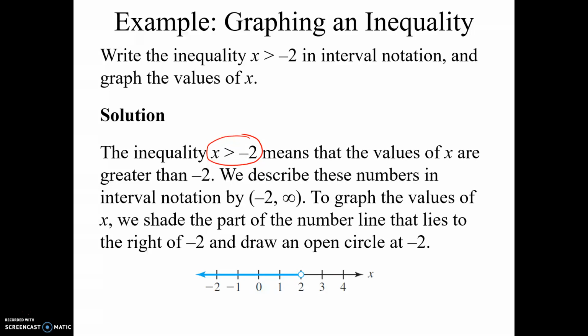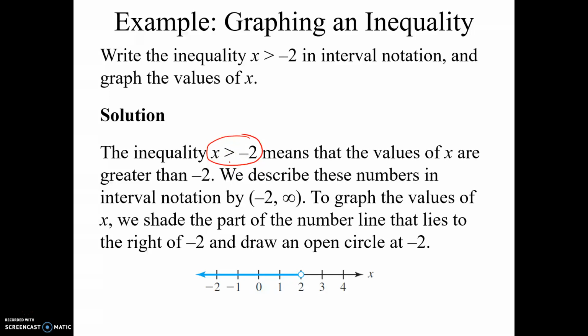In interval notation, we put the smallest number in a solution set on the left and the largest number on the right. So if we think about x greater than -2, this represents all the numbers that are greater than -2. So the smallest value we can take on is -2. However, notice there's no equal sign, which means -2 is not included as a part of our solution set.